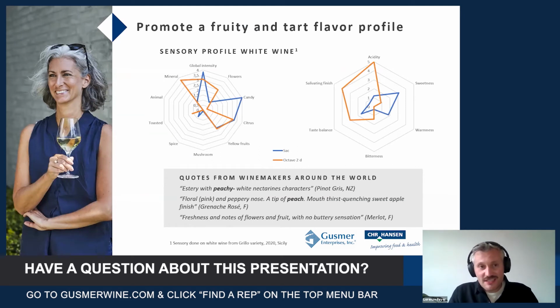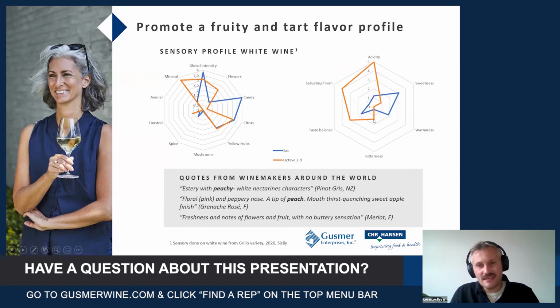Here we touch some of the sensory profile of Octave. Again, this was done in a white wine from Sicily. We see that Octave pops up with minerality, with some flowers, but especially in the taste comes through as being acidic.